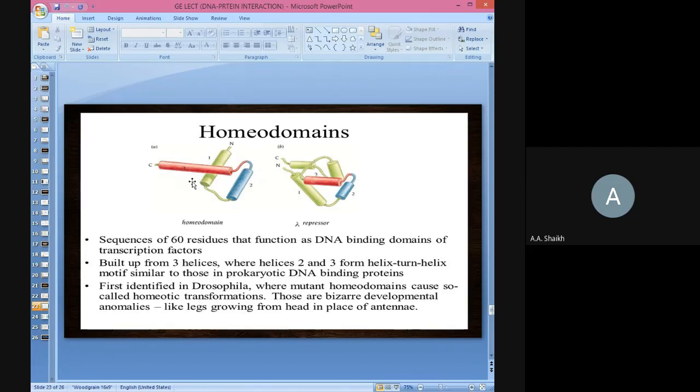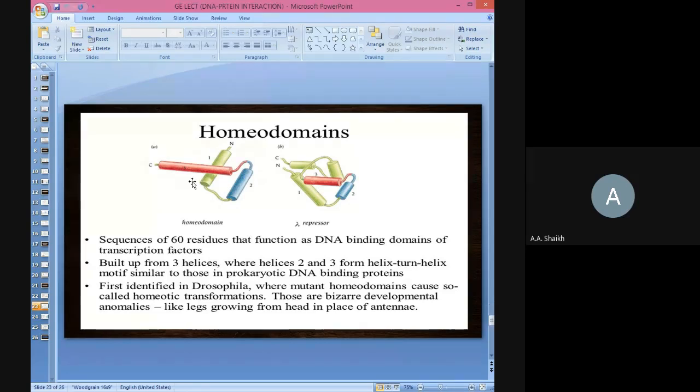Like the helix turn helix region which we saw at the start of the lecture, it forms a helix turn helix structure, and in that manner it interacts with the DNA.